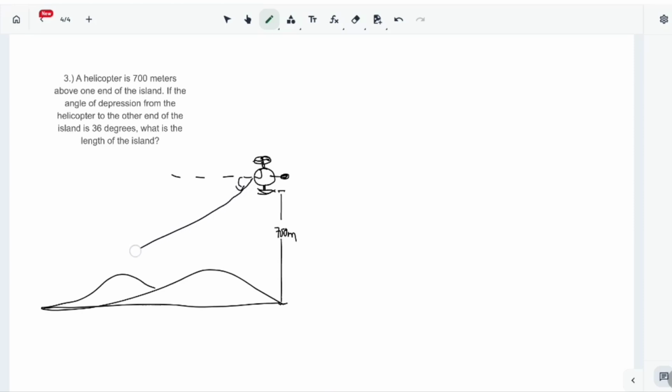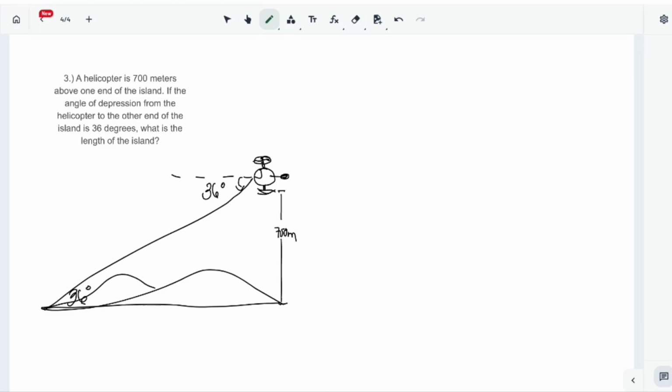So from there, dun kayo magdodrawing ng 36 degrees. But since this horizontal line of sight and the length of the island is parallel, we can say that this 36 degrees should also be written here. Kasi nga po, kapag nasa labas na si 36, wala tayong pang solve ng right triangle natin.